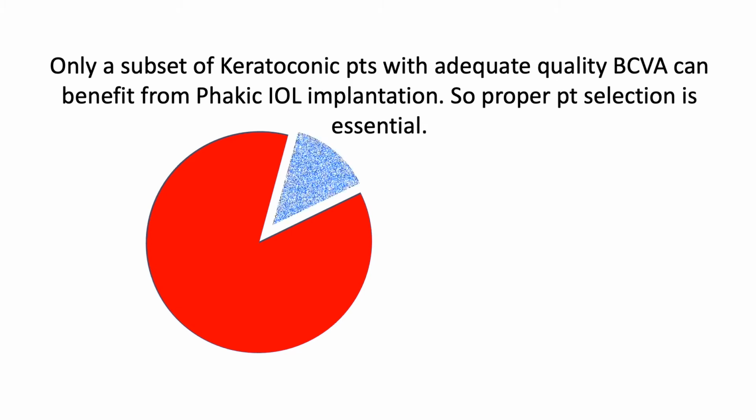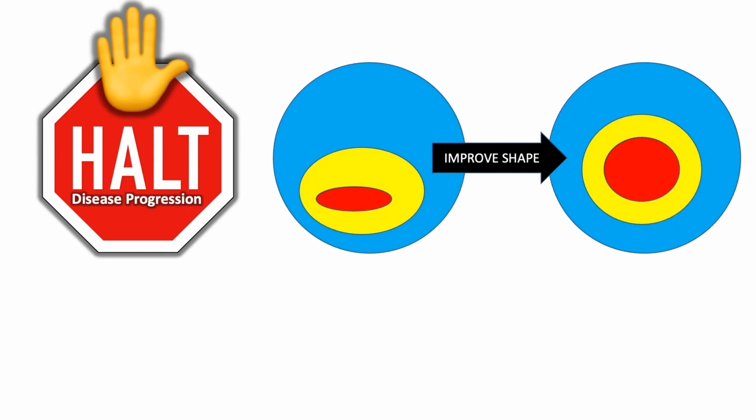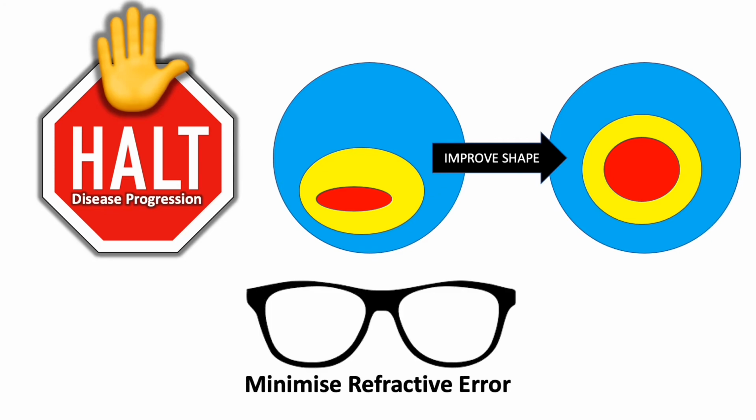Only a subset of keratoconic patients with adequate quality best corrected visual acuity can benefit from this phakic IOL implantation procedure. So proper patient selection is essential for this cornea-sparing procedure. Requirements for this procedure include halting the disease progression, then improving the shape by regularizing the deformity, and finally minimizing the refractive error.